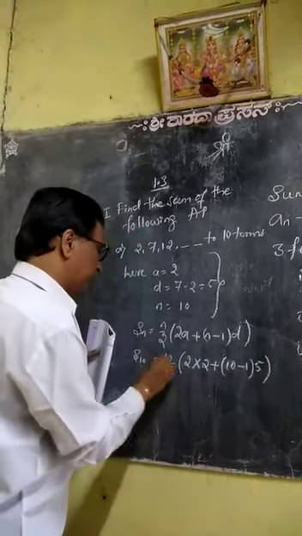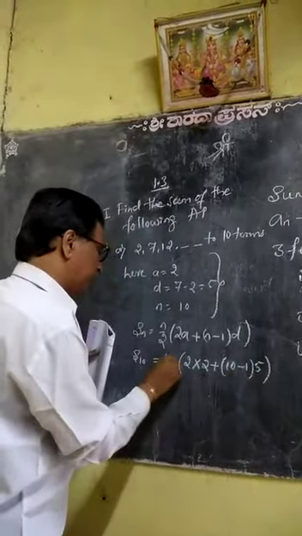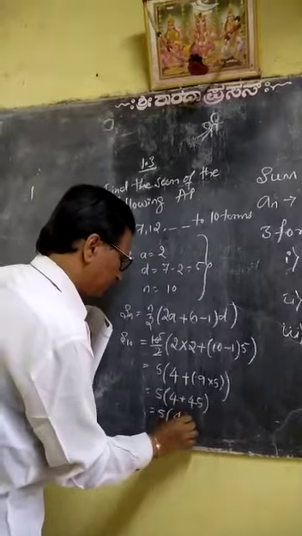So 2 ones are 2, 5 2s are 5 into bracket 2 2s are 4 plus 10 minus 1 means 9 into 5. So 5 into bracket 4 plus 9 5s are 45. So 5 into bracket 45 plus 4, 49.